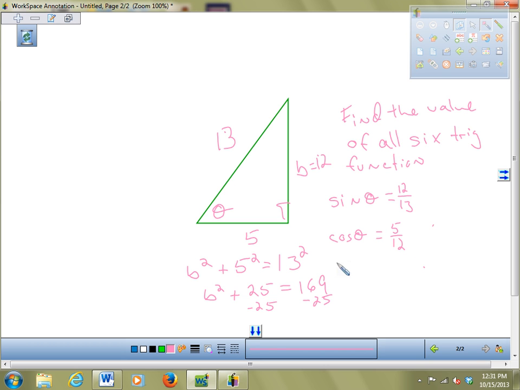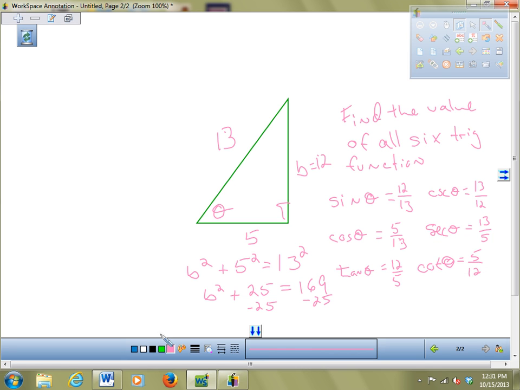What's tangent of theta? 12 over 5. Then I want to find the reciprocal functions. Cosecant of theta, I just flip that upside down. Secant of theta, flip that upside down, 13 over 5. Cotangent of theta is equal to 5 over 12.